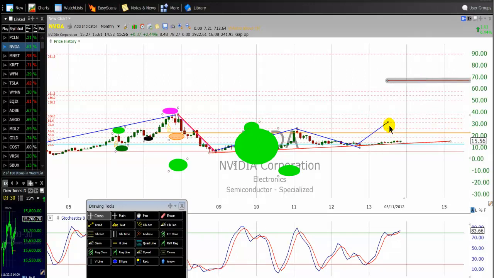People say now, oh, it's not a Gartley pattern, it's a bad pattern, so the target will be extended to the level of $60, which is the 161% Fibonacci extension level of the XA.